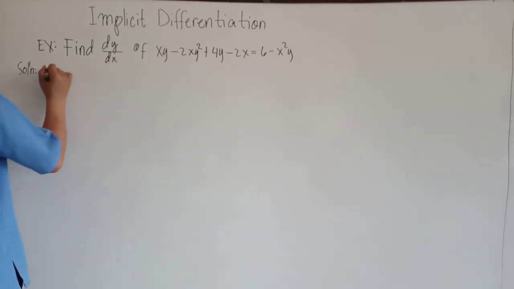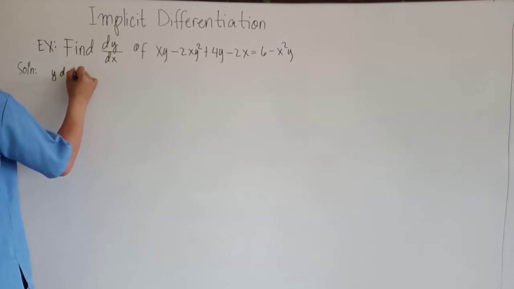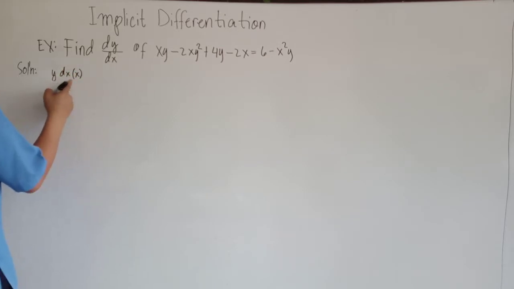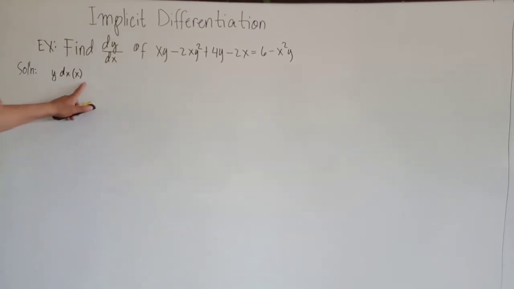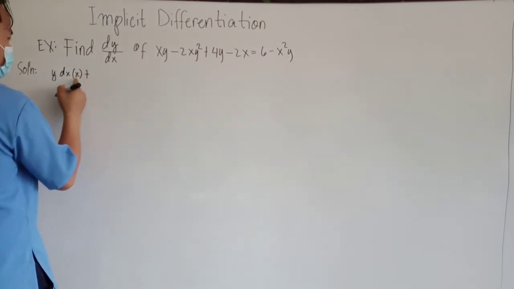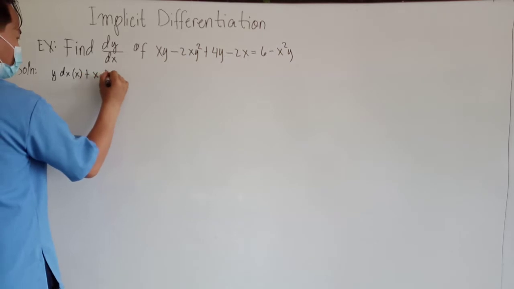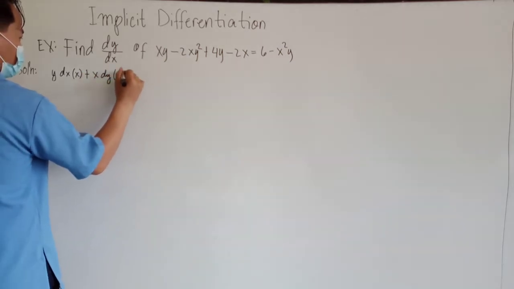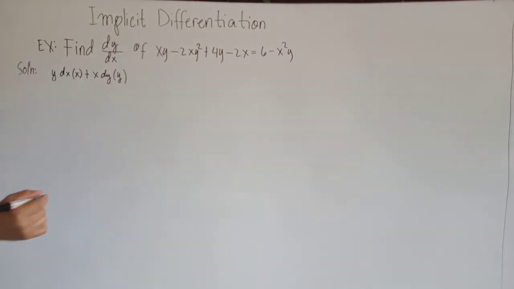So first, we will write down y times the derivative of x. We write down dx because x has not been derived, meaning we still have to derive it. Plus x times dy of y. It means that we still have to derive the term y.